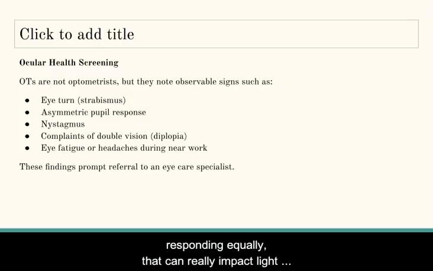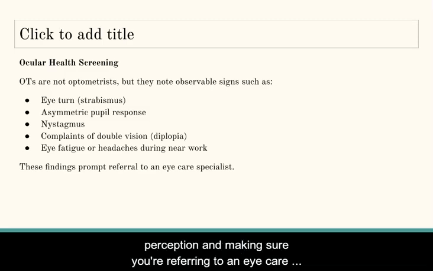If the pupils are not responding equally, that can really impact light sensitivity, how the eyes are working together, and that can impact depth perception. And making sure you're referring to an eye care specialist as appropriate.